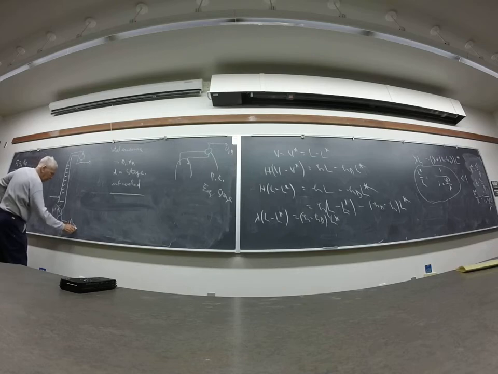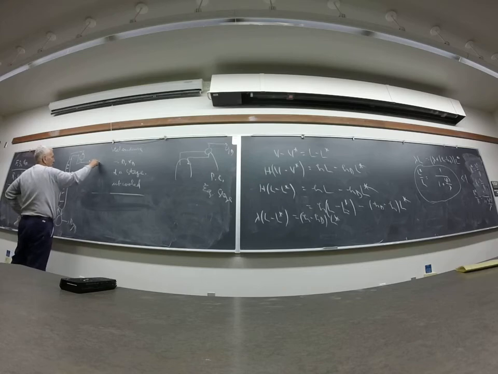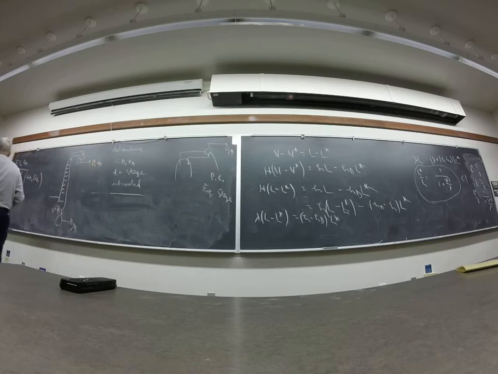I'd like to know D and XB, B and XB. So what's the problem? Can I predict, can I estimate D, XD, B, XB? And of course the answer is yes.